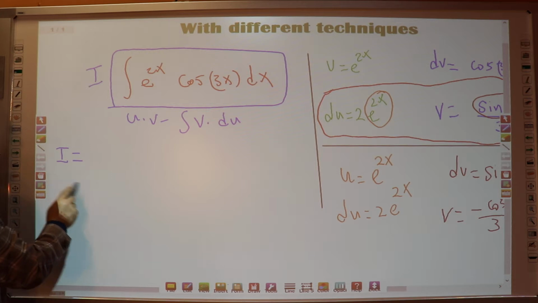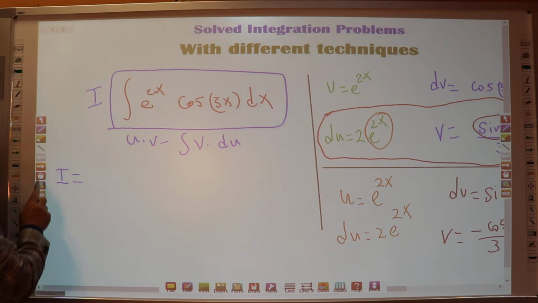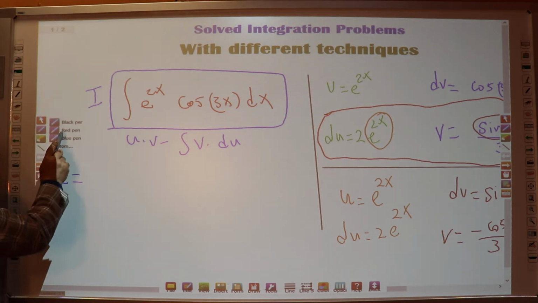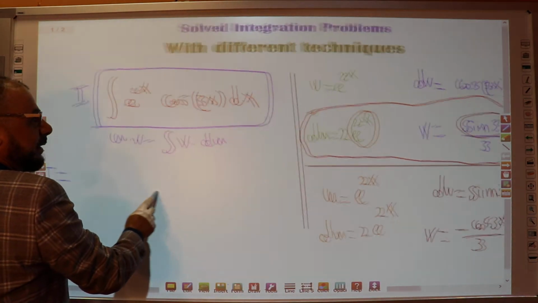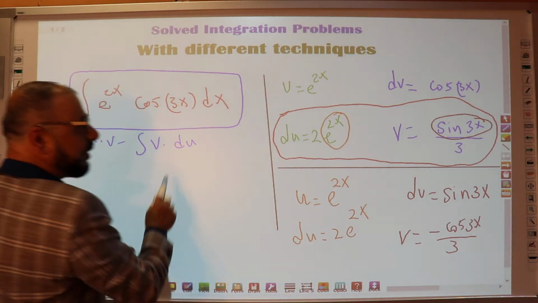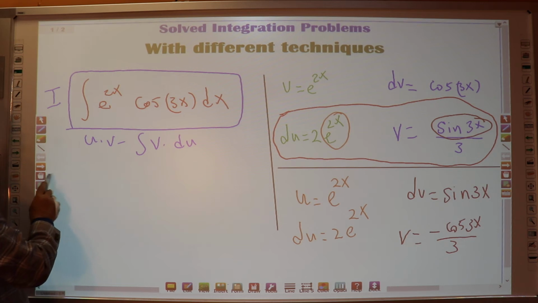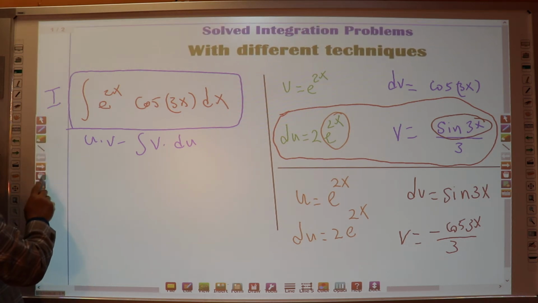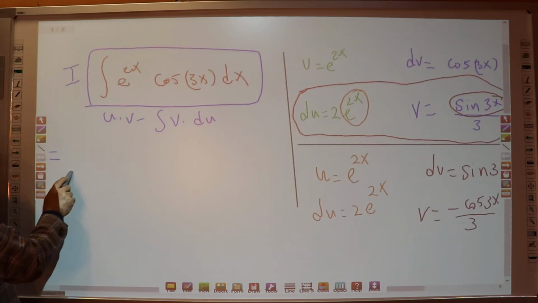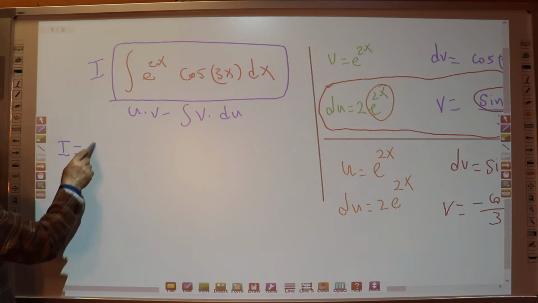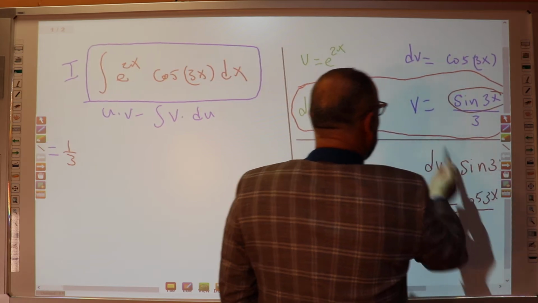uv, sorry. What's u? e to the 2x, right? And I have 1/3 here, right? The 1/3 comes from the 3 here.